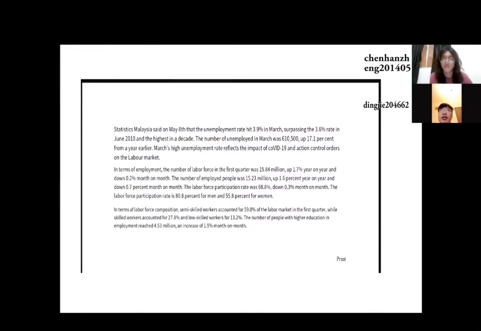As is shown in the chart, according to the survey, the unemployment rate in Malaysia has reached the highest level in 10 years. The number of unemployed reached 610,500 in March, up 71% from a year earlier.